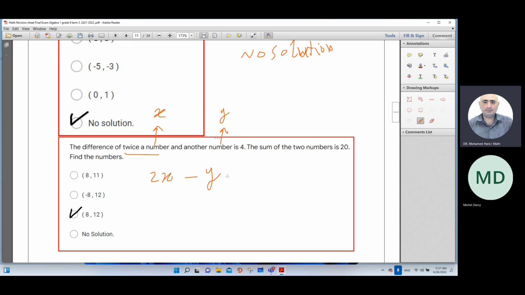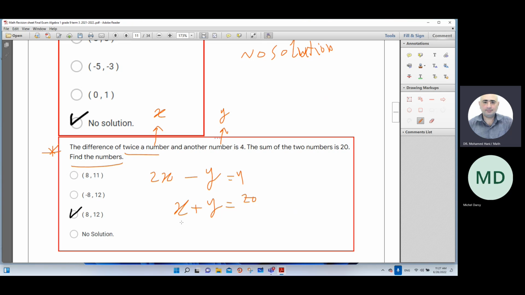Is means equals 4. And the sum of the two numbers x and y is 20. Find the numbers. This question is important.